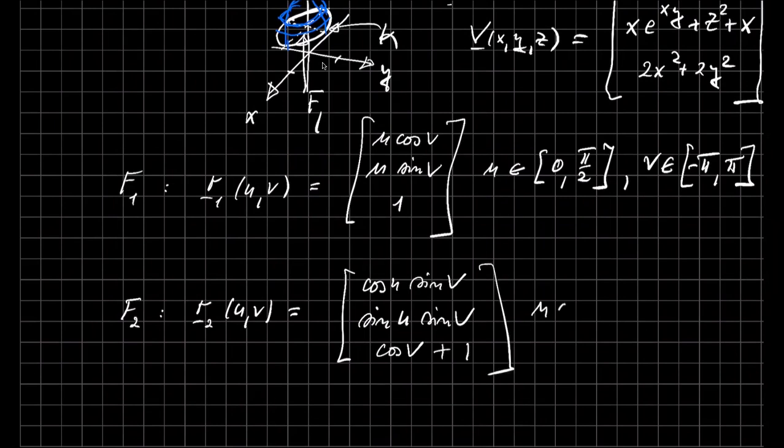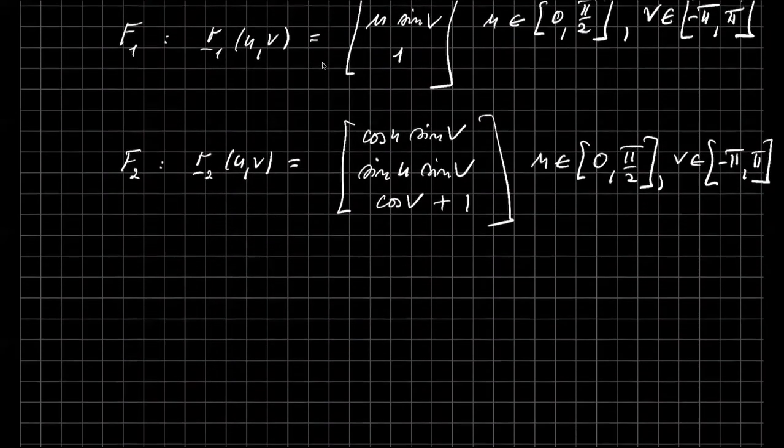And you have U, this belongs to the interval from 0 to pi half, and V belongs to the interval from minus pi to pi. So these are the two parametric representations for the two surfaces that are spanned by K.